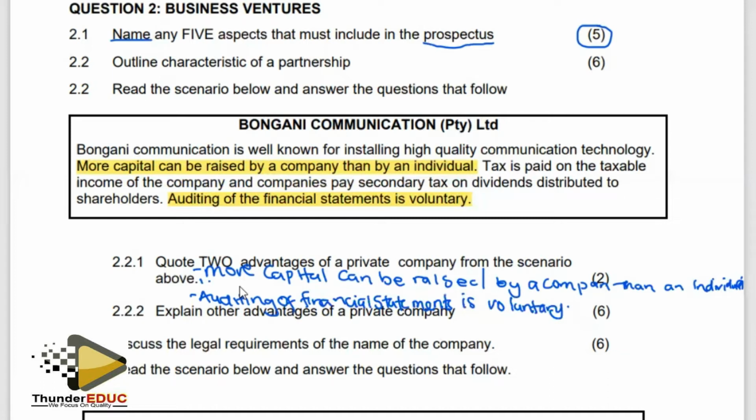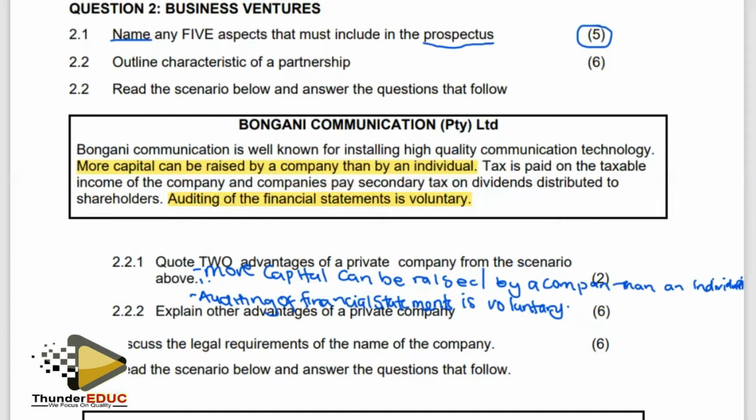See? So then we are asked to explain the other advantages of private companies. Okay, let's go and look at it.